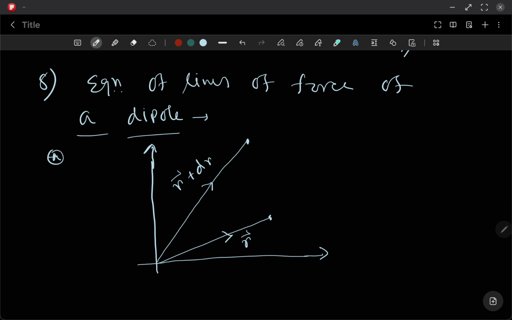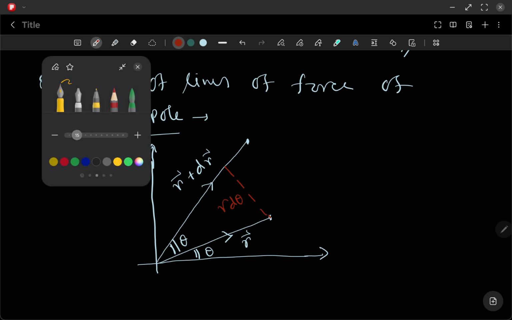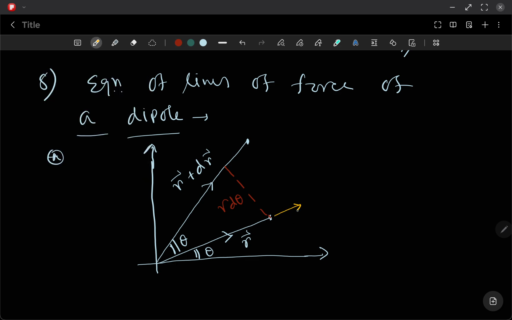Now let this angle be theta, and this angle be d theta. So I can tell this length to be r d theta. First let us define the radial direction. The radial direction is along the radius vector, r hat, and the transverse direction is perpendicular to r hat, that is theta hat, in this direction.